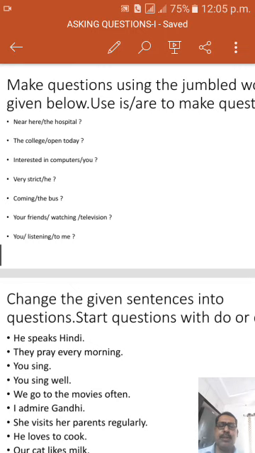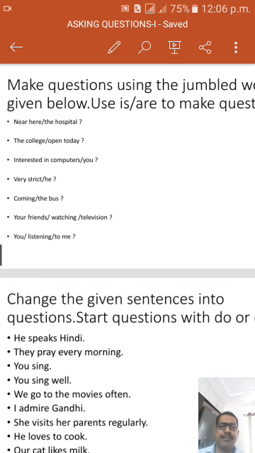In the second part, we are going to learn how to frame WH questions. That is also a very important activity in the next lesson.